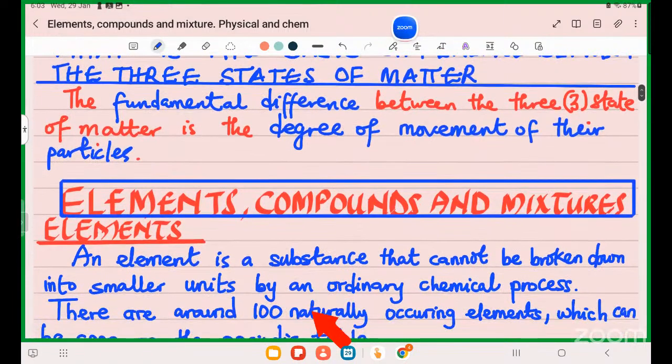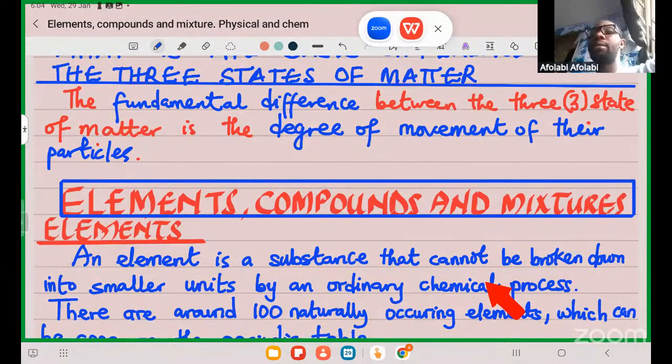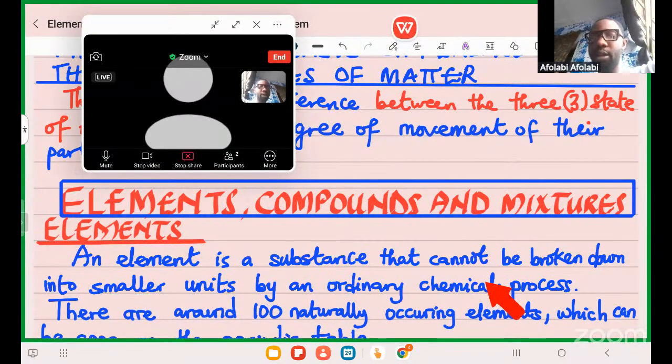Now an element is a substance that cannot be broken down into smaller units by an ordinary chemical process. You can actually break an element, all right? But you can't break it down using an ordinary chemical process; you have to use special processes before you would be able to break down an element.